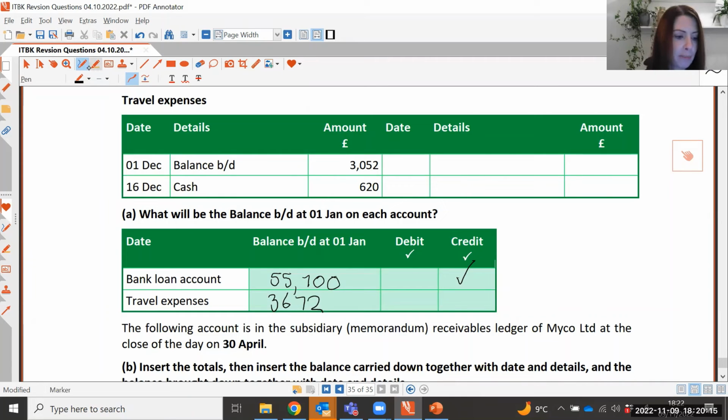So this one, travel expenses, it's an expense account which falls onto the debit side of our double entry. So we would total up the debit side. There's no entries on the credit side. So therefore, we don't need to deduct anything. We just total up the two amounts.